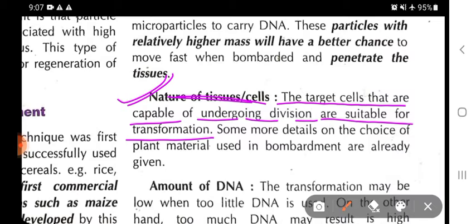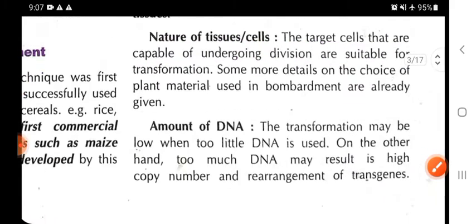For example, if you are using plant cells, we should use meristematic tissues, where they are rapidly proliferating and dividing to form new cells. Those tissues can be employed for this particle bombardment method. Then embryonic stem cells, in case of animal cells, we can use them. Some more details have been given already.